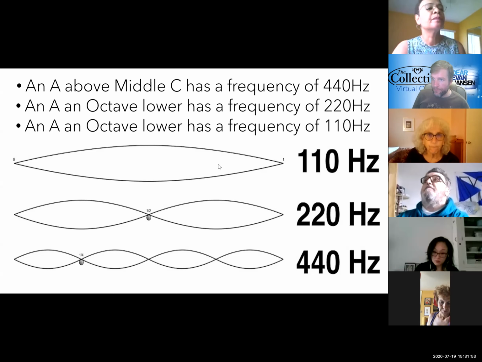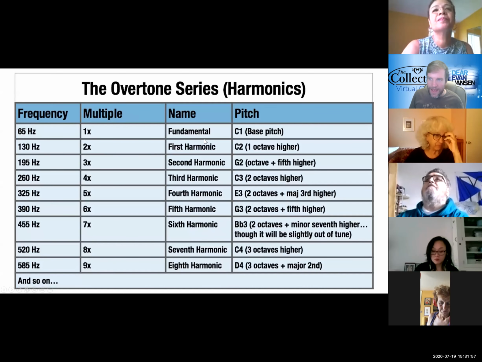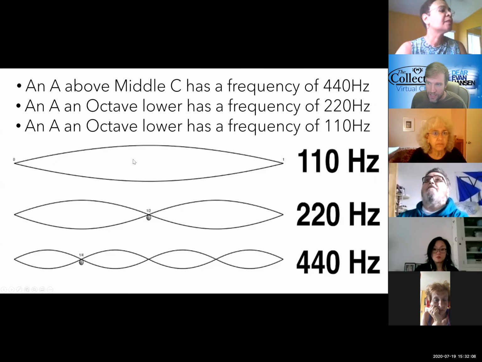Now, don't worry about this. I'm not an expert on this, but I'll just explain. If I go backwards slightly, imagine we've split this string, and we've doubled the frequency from 110 to 220, and doubled it again to 440.